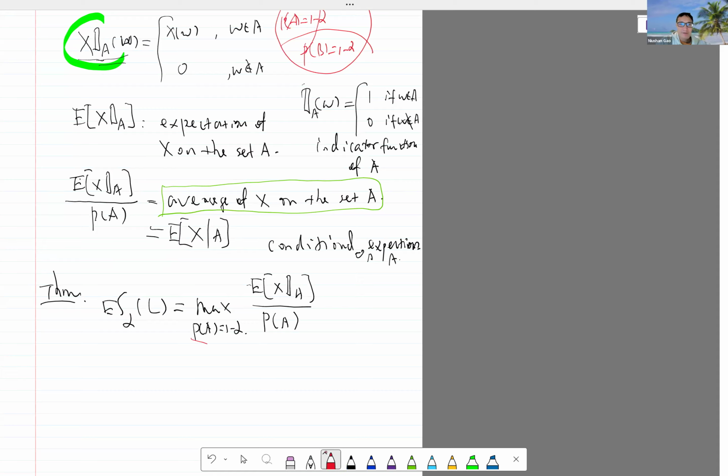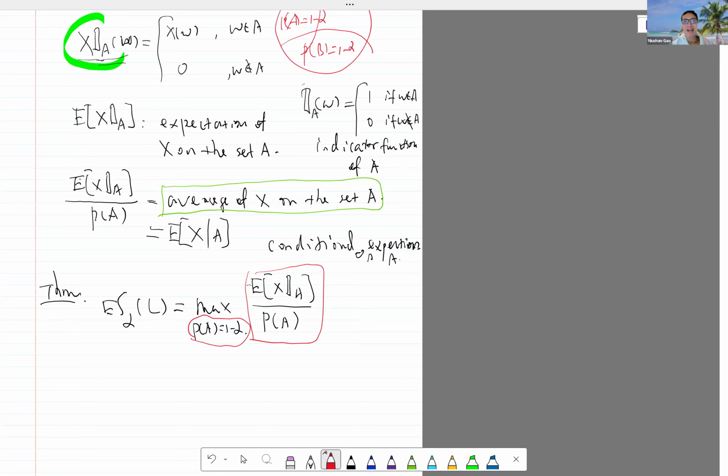For any set with probability 1 minus alpha, you compute the conditional expectation of X on A. I claim expected shortfall is the largest one of them.